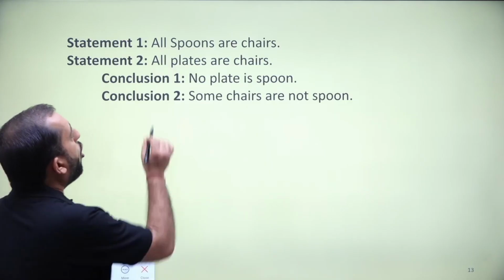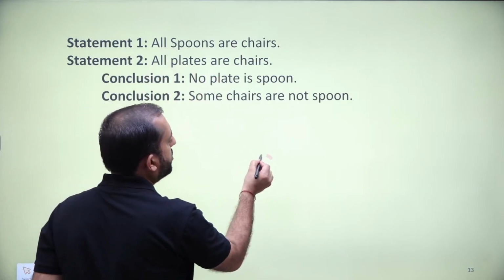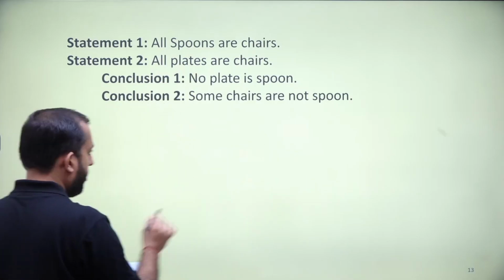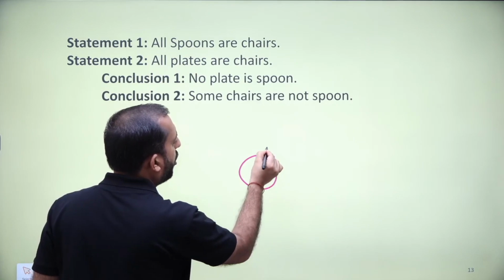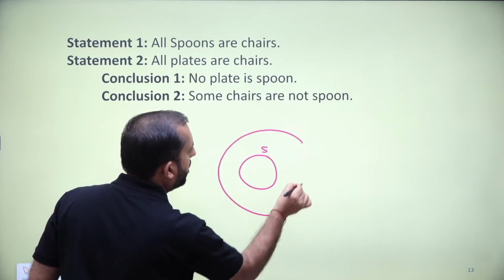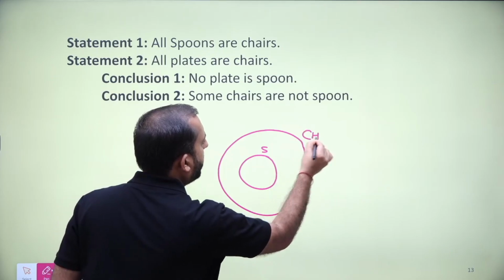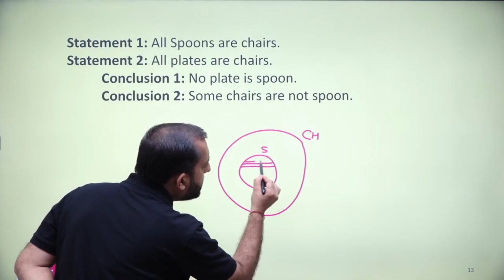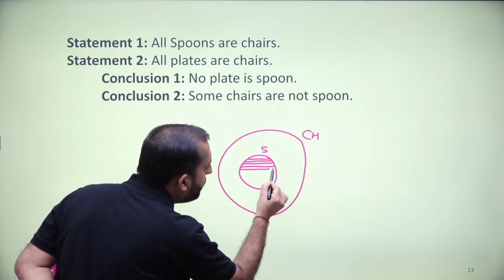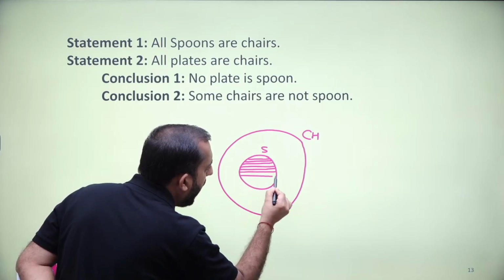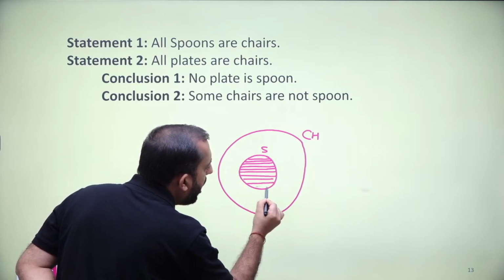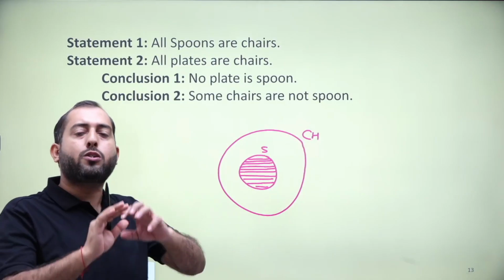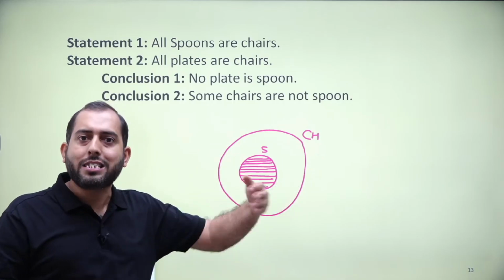It says all spoons are chairs. Right now this spoon is completely inside chair, so the spoon reason is definite, and the reason which is outside this spoon and inside chair is not known to us, hence indefinite.